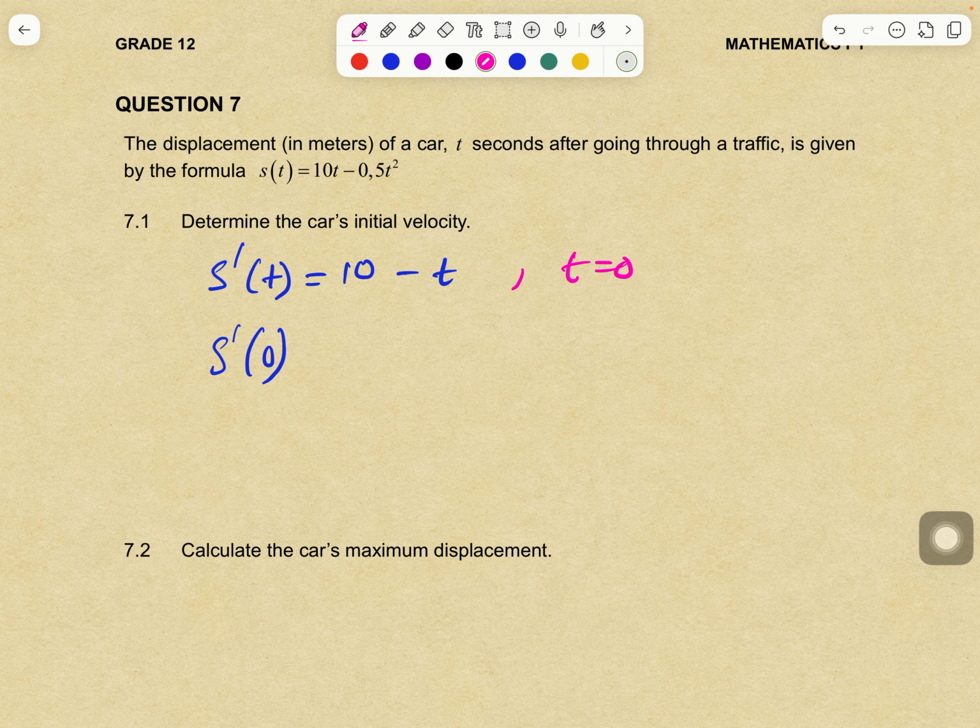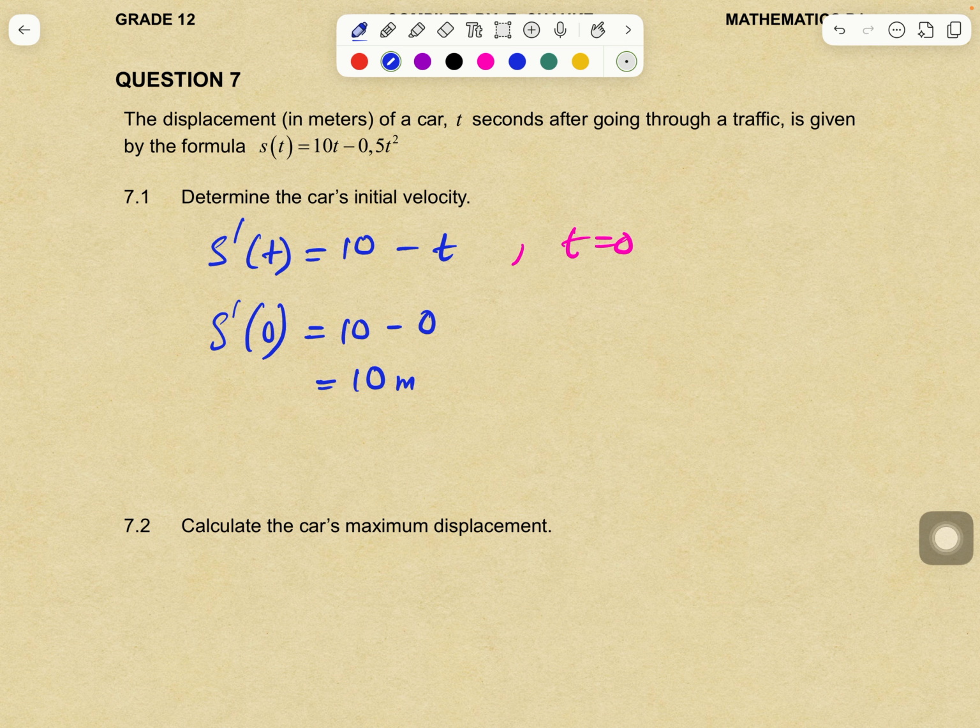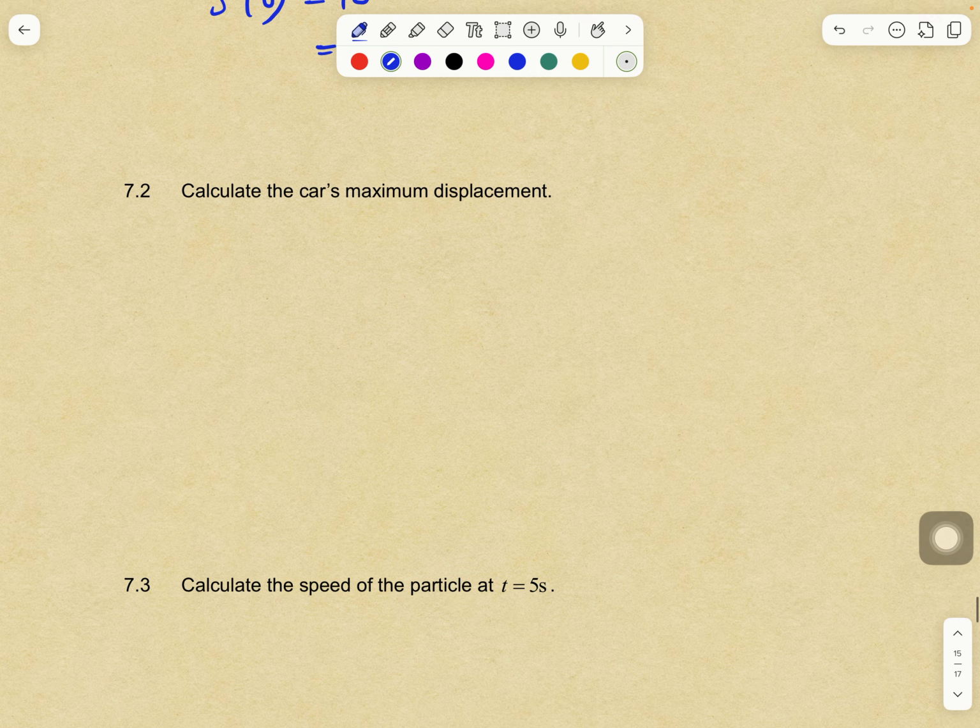But in this case, we're going to use 0 because they didn't tell us. That is equal to 10 minus 0, and this gives us 10. That is the initial velocity, and that is in meters per second.